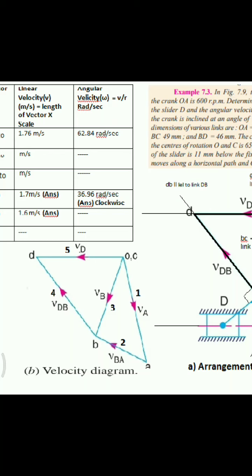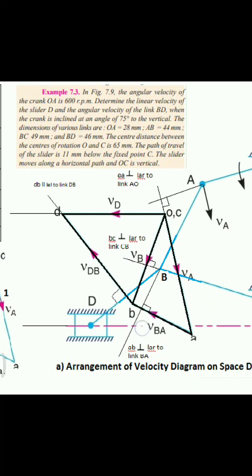This velocity diagram can be well understood by arranging it on the space diagram. This diagram shows the arrangement of the velocity diagram on the space diagram. Now you can observe that each and every vector is perpendicular to its link except the slider.